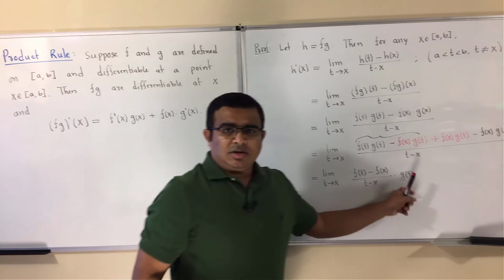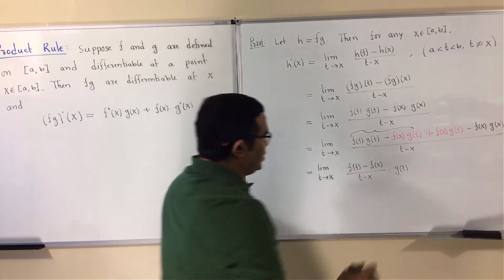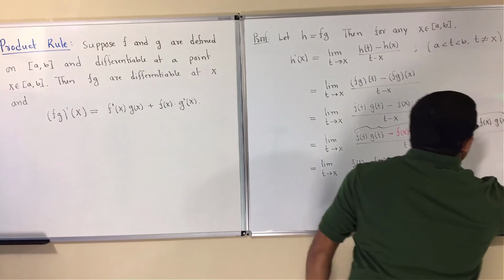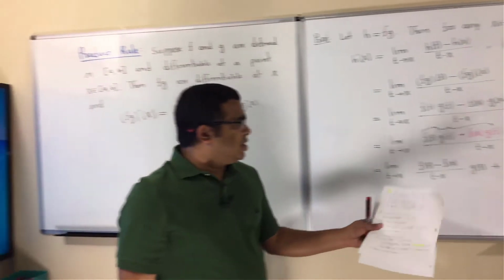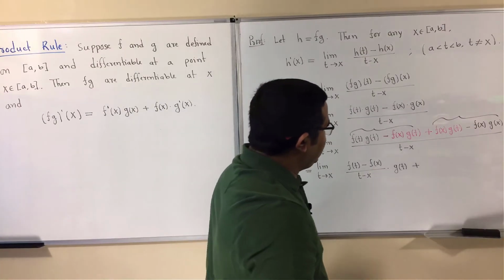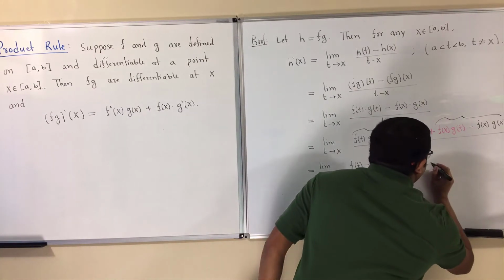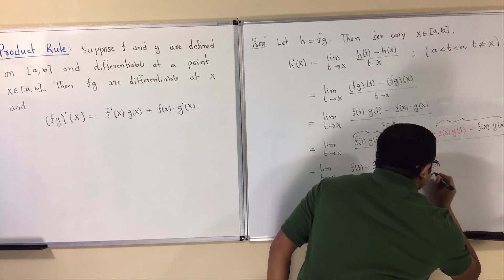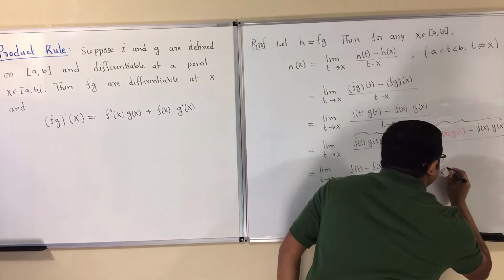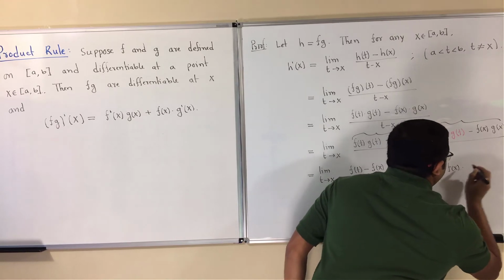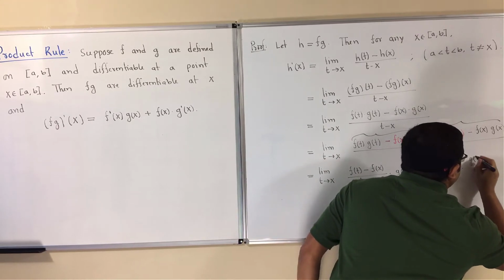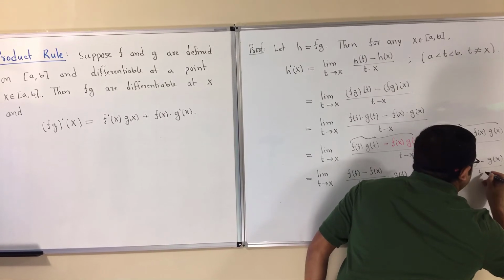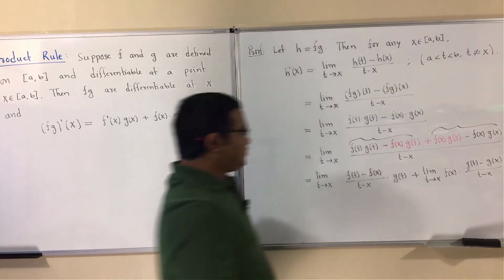So I factor out g of t, plus from the last two terms, we can factor out f of x. So if we factor out f of x, then it becomes limit of t approaches x, f of x times g of t minus g of x over t minus x.